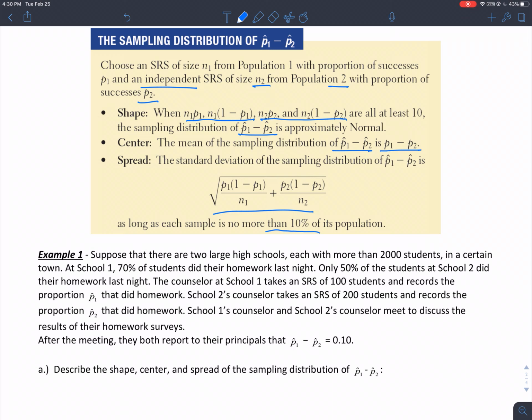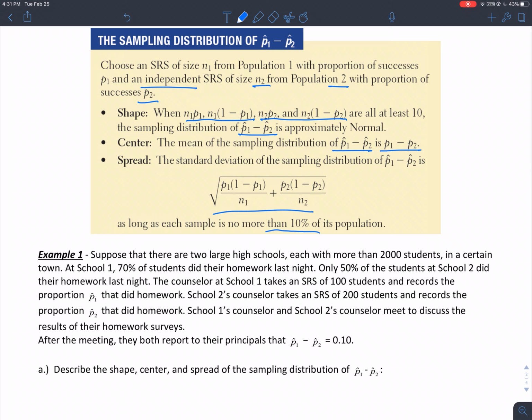So here's an example that walks you through checking conditions. Suppose there are two large high schools, each with more than 2,000 students in a certain town. At school 1, 70% of students did their homework last night. Only 50% of the students at school 2 did their homework last night. The counselor at school 1 takes an SRS of 100 students and records the proportion p hat 1 that did their homework.